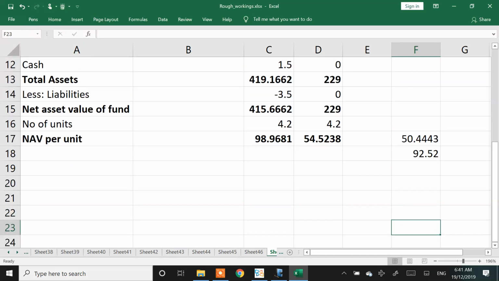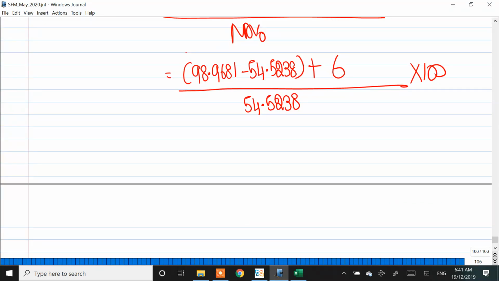The holding period return is coming to 92.52%. That's the number I get, 92.52%. Any doubts on 92.52%?